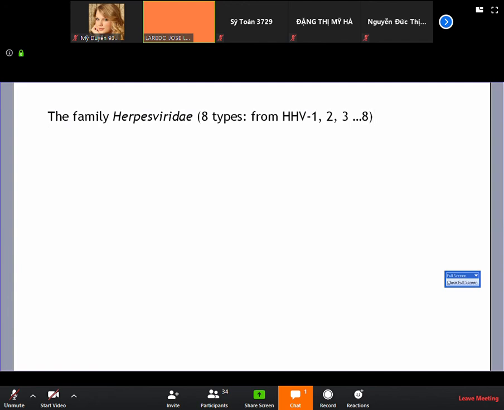But they have some things in common. The first thing that they have in common, all of them, is a latent stage. So they cause latent infections. For all of them, when we become infected, we suffer a primary disease for a few days.